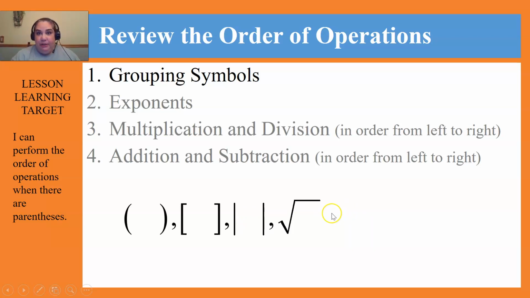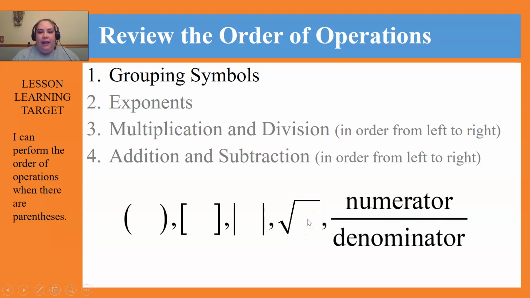A square root symbol is also a grouping symbol, and you would perform any operations on the inside or underneath that square root symbol. And then finally, the numerator of a fraction is its own group, and the denominator of a fraction is its own group. So these are some of the grouping symbols that you're going to come across.